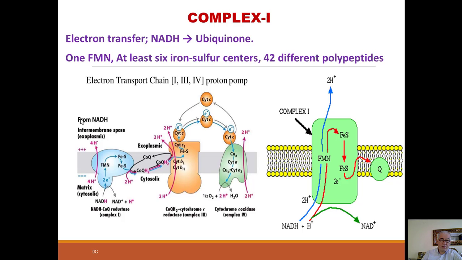And the reaction occurs inside of this protein complex with the coenzyme and cofactor of complex 1.